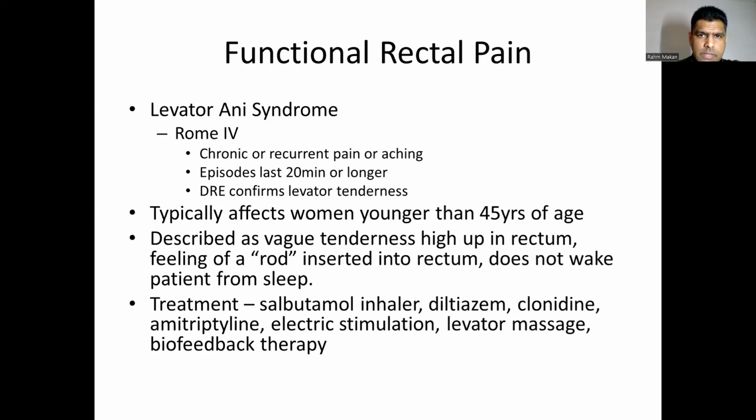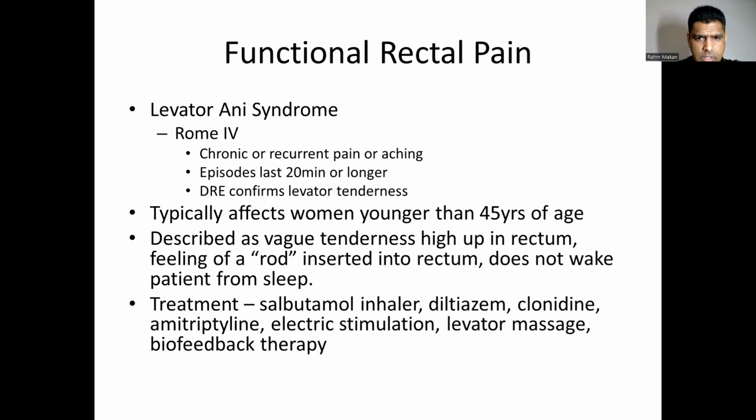The other functional rectal pain syndrome is levator ani syndrome, characterized by the Rome IV criteria as chronic or ongoing pain or aching in the rectal area. The difference is these episodes last for 20 minutes or longer, and a digital rectal exam confirms levator tenderness. So if one does not find levator tenderness on rectal examination, that makes the diagnosis very much less likely.